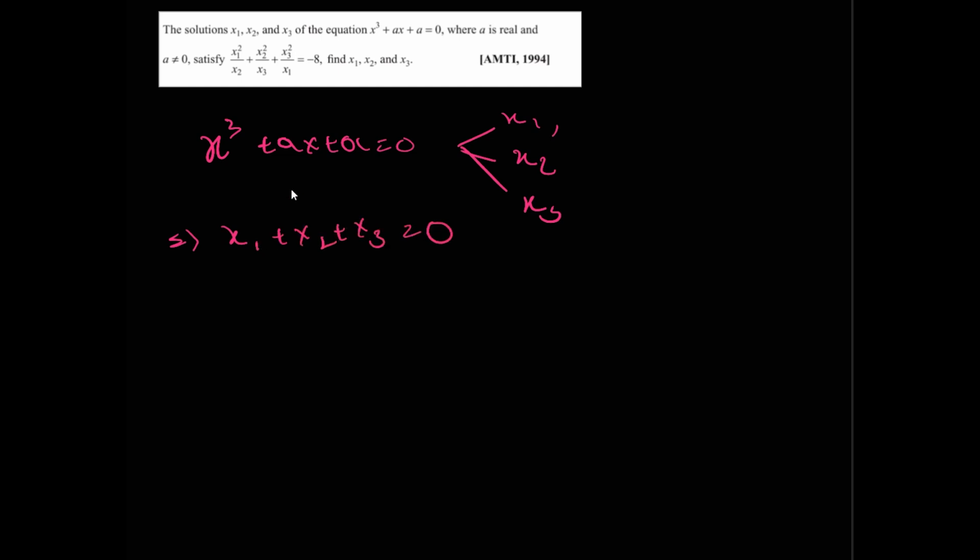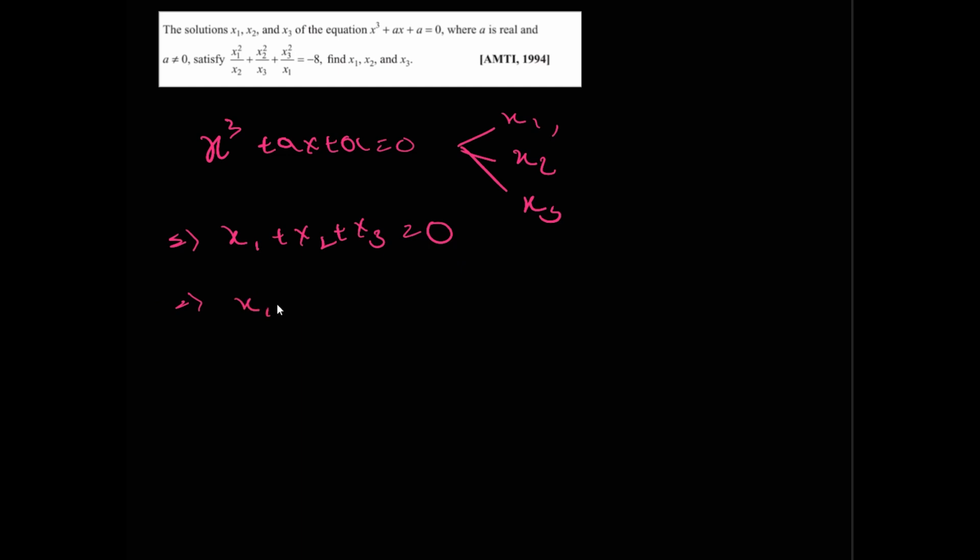Now they have given that the roots of the equation x cube plus ax plus a equals 0 are x1, x2 and x3. That implies we can write that x1 plus x2 plus x3 will be 0, since the coefficient of x square is 0.